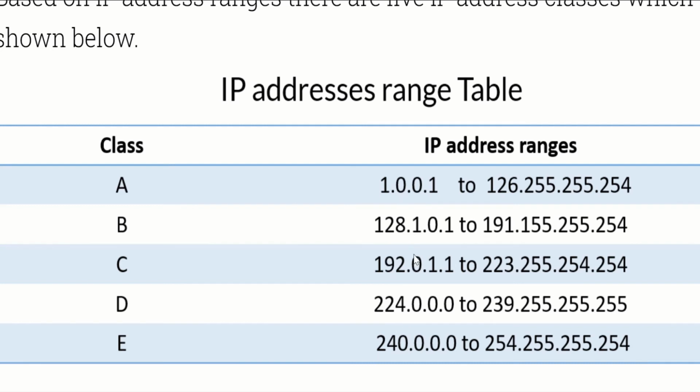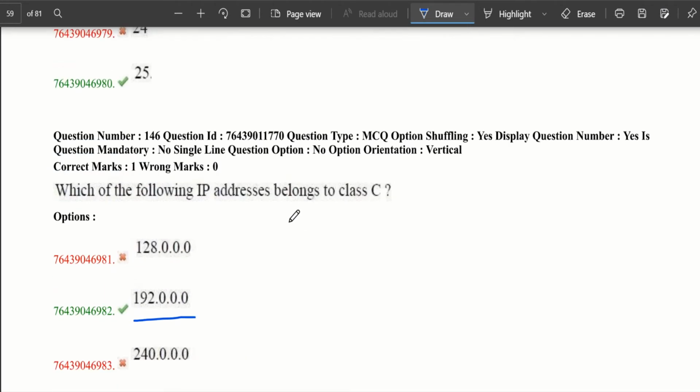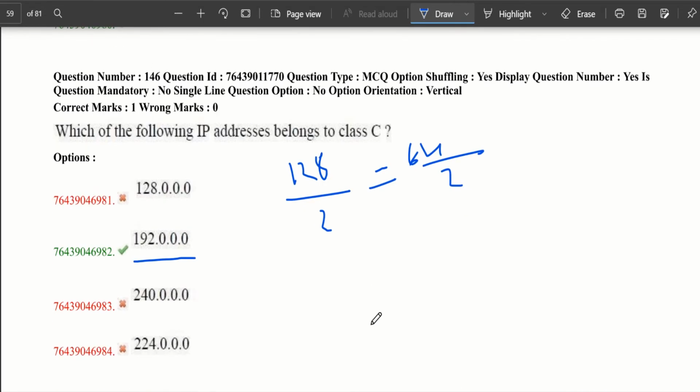You can use this trick in ESET for easily finding the option. So the answer here is 192. The simple thing is: divide 128 by 2, next 64 divided by 2, and add to the previous class. You will get the current class starting address.